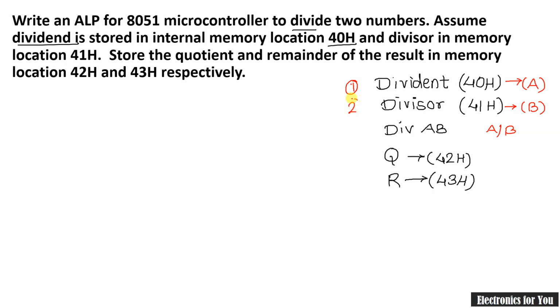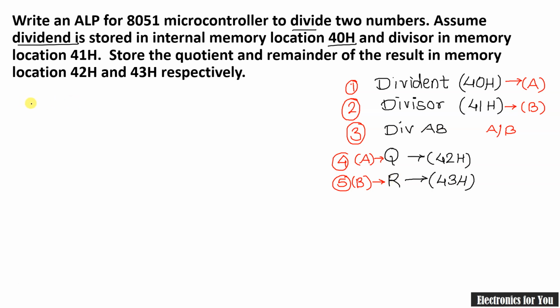The second step is to move the content of 41H into B. Then the third step is to use the divide operation. In the fourth step, the result is automatically stored, that is the quotient is stored in the accumulator, and this should be moved to 42H. And the last, fifth step is to move the remainder to 43H. So we will perform all these steps.